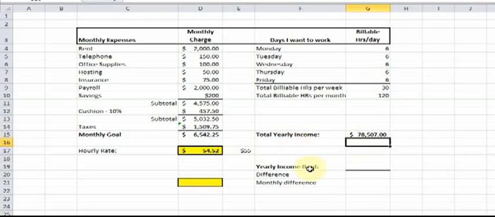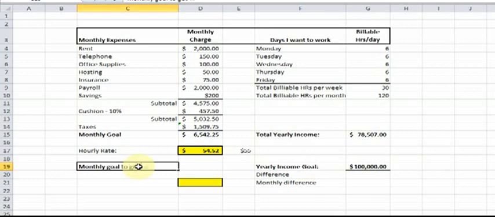Maybe you say, okay, I want to at least make 100,000. So what we're going to do is put our goal in here of 100,000, and then we will need to come up with our monthly goal to get to 100K.